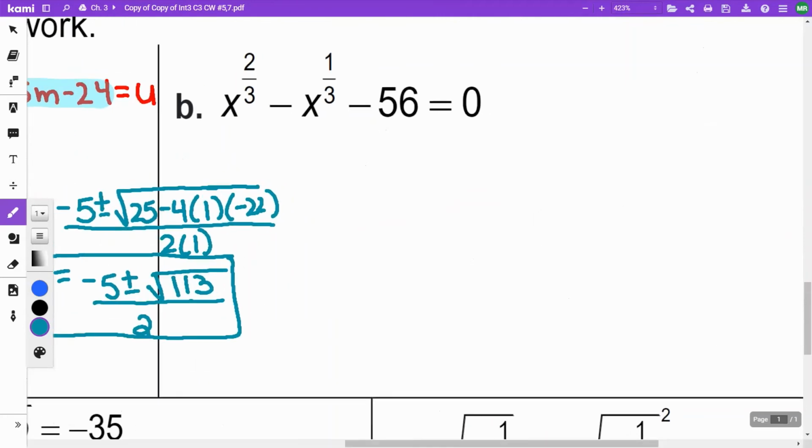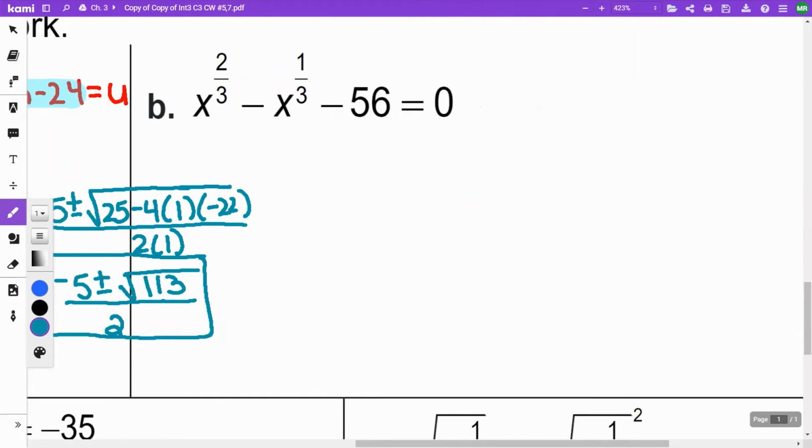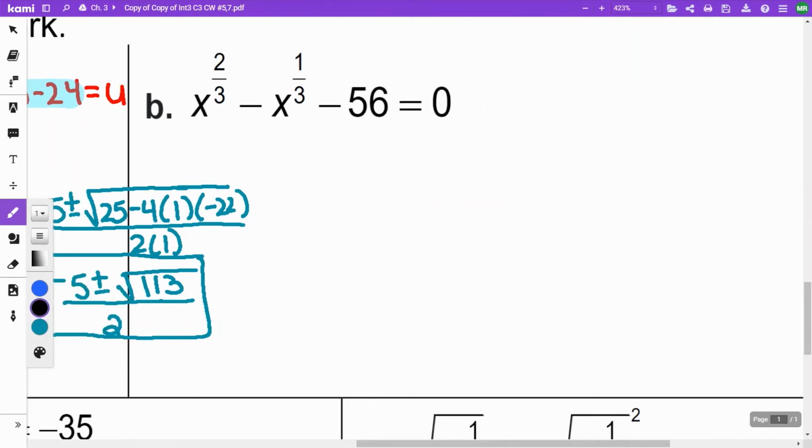B. For this, you need to understand a little bit about laws of exponents from integrated 1. So when I have x to the a raised to the power b, power to power, we multiply the exponents. Why am I saying that?